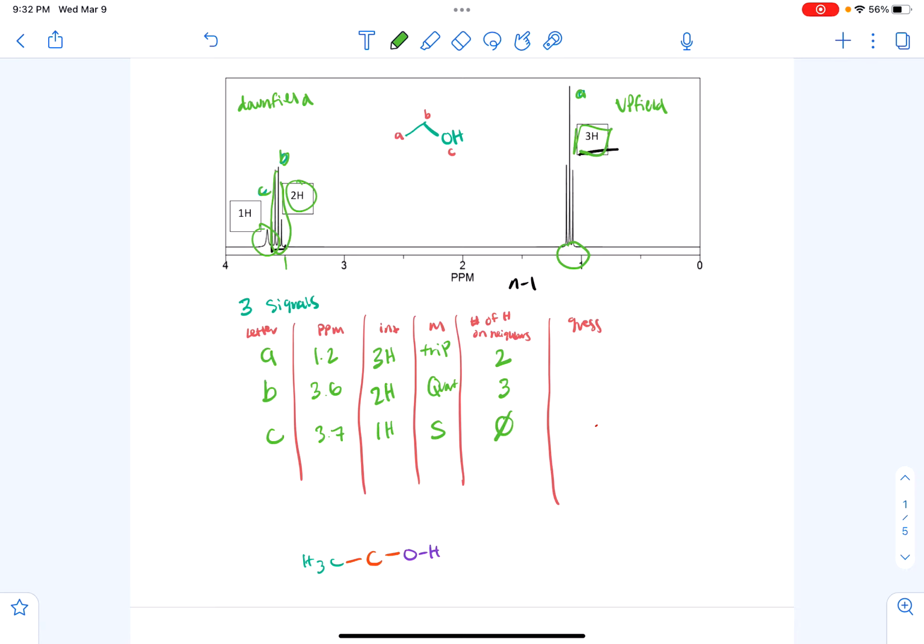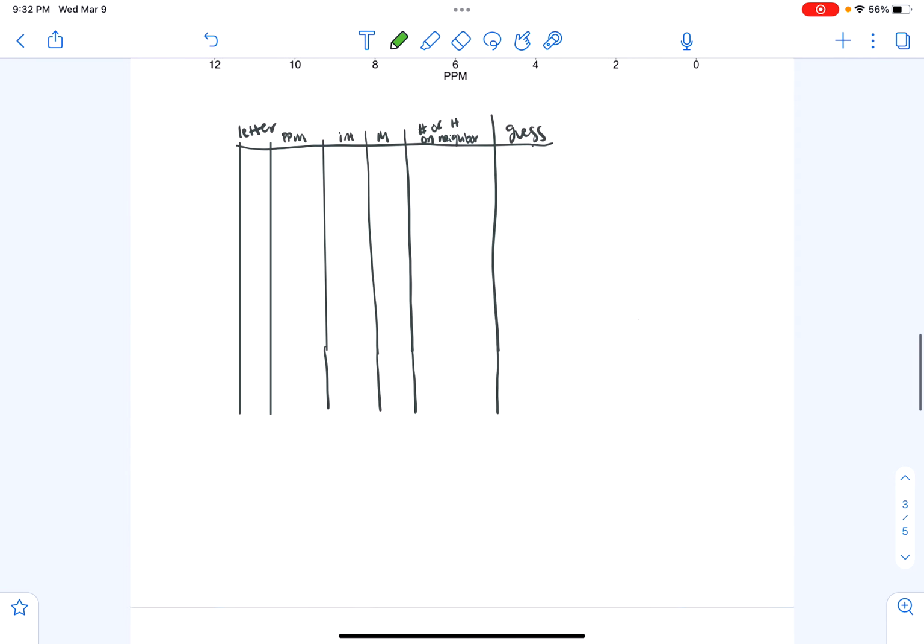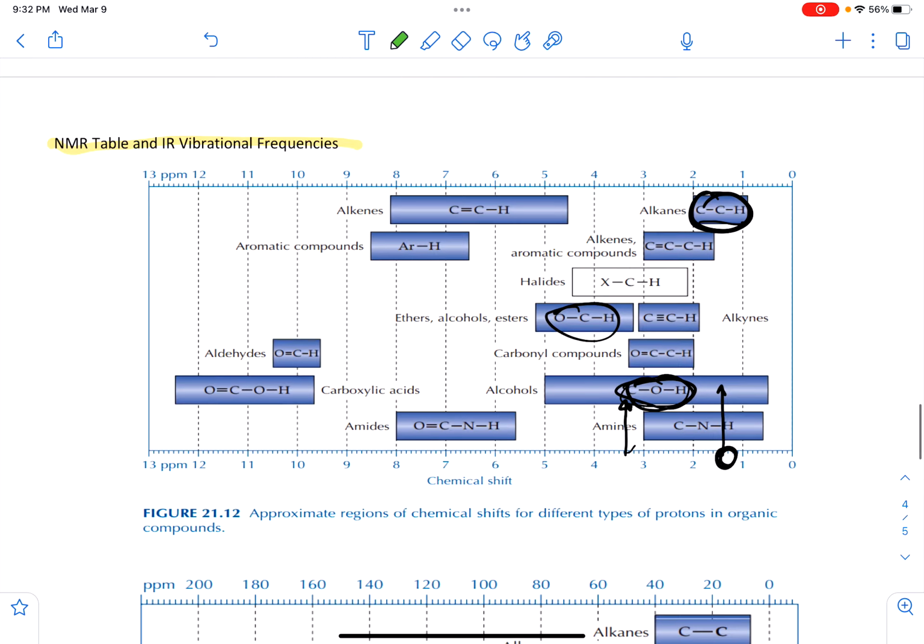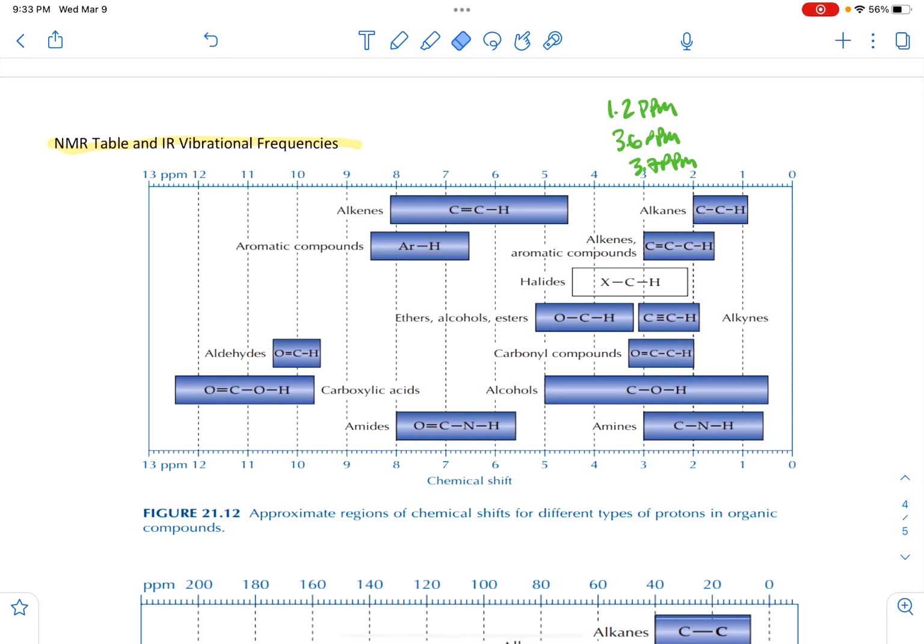To do that, I'm going to go down to the table that's given and show you. The numbers that we have are 1.2 ppm, 3.6 ppm, and 3.7 ppm. I like to write those to refresh my memory. As you can see here, I already wrote some things, but I will rewrite them again for us.